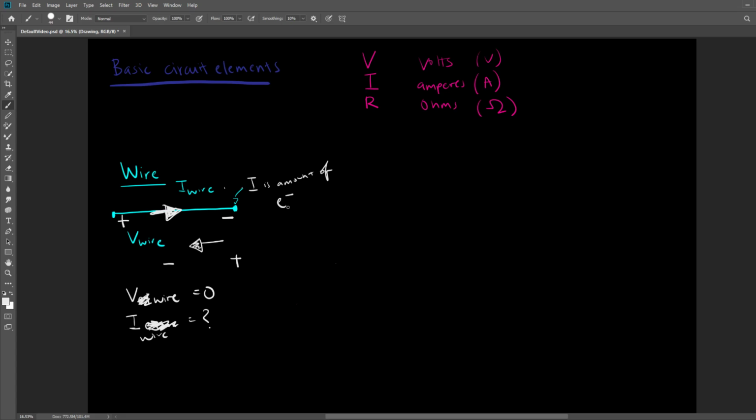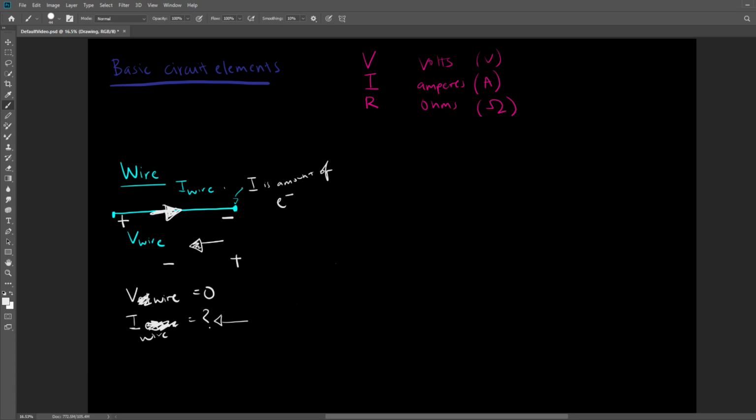So if we think of this as the number of electrons flowing through this wire, then the amount of electrons flowing through here is an arbitrary amount. So that's why we put this question mark. We don't know what it is. It's based on something this symbol as of yet can't describe.